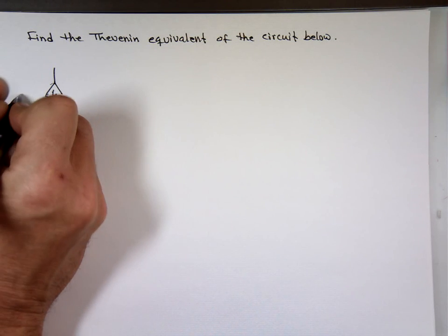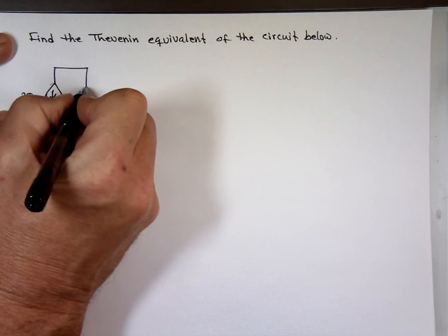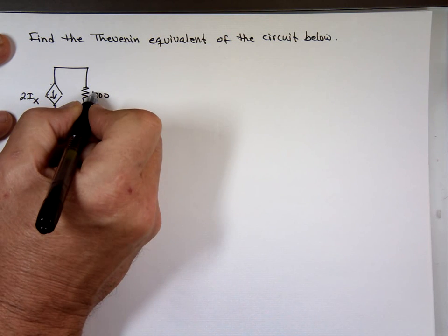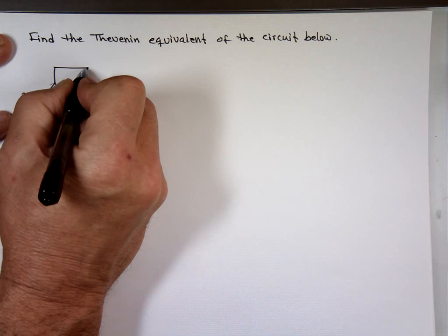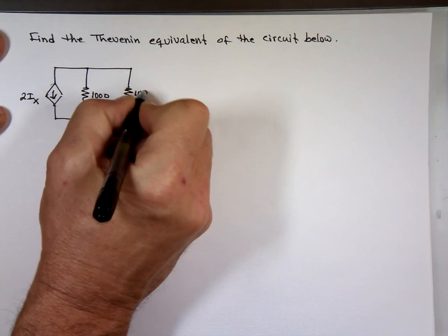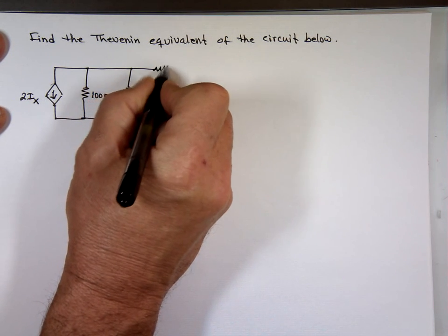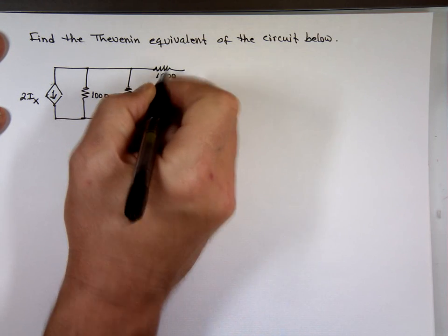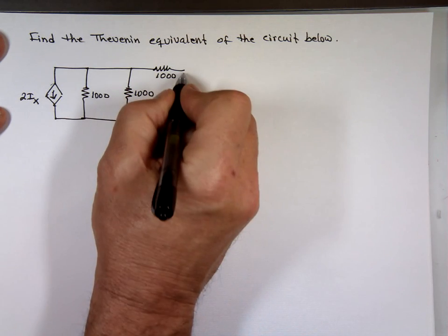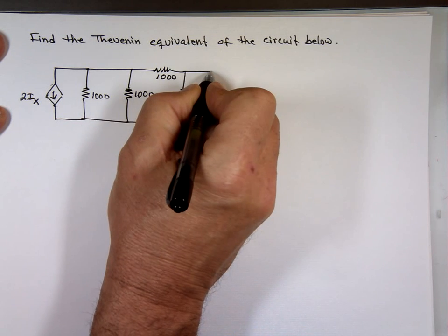I have 2 I sub x, dependent source, 1K, 1,000, another 1K here, 1,000, 1,000, and there's the load resistor right here.